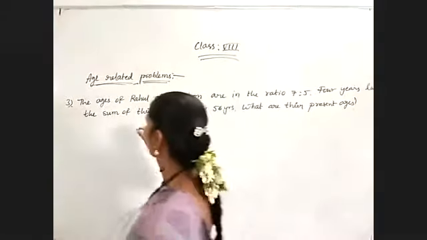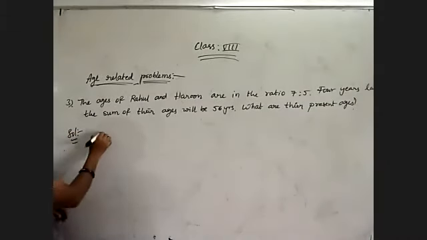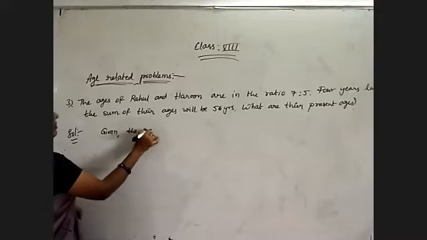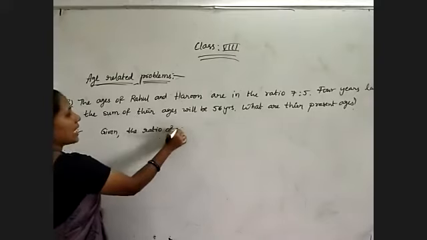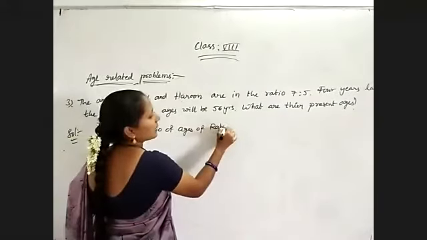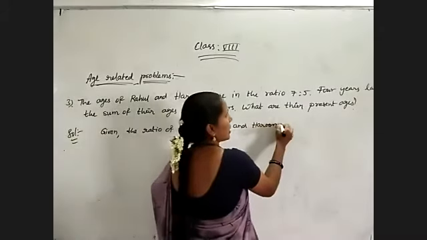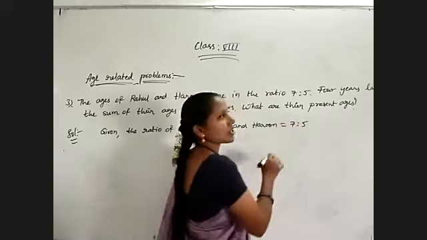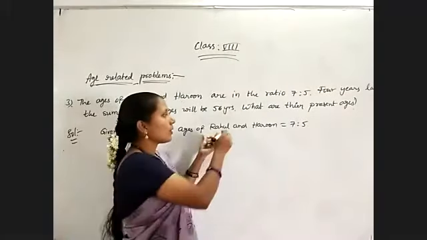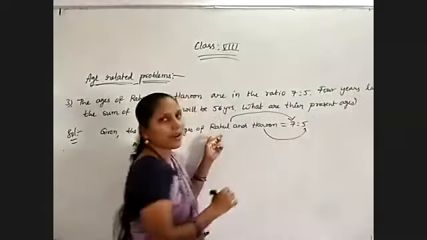Okay, first whatever I need to write, just observe. Given the ratio of ages of Rahul and Harun is equal to 7:5. So ratio given in the sense there is a common factor. Therefore the age of Rahul will be 7 parts, that is 7x, and Harun will be 5 parts, that is 5x.